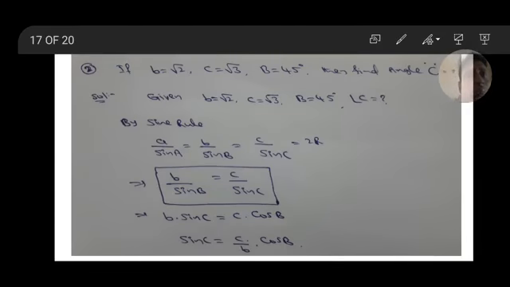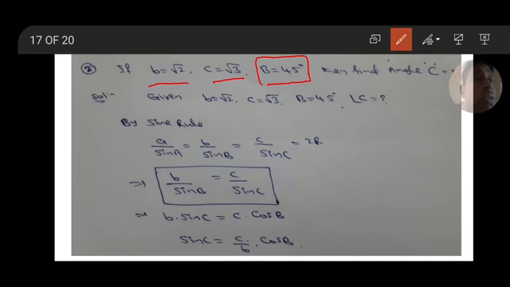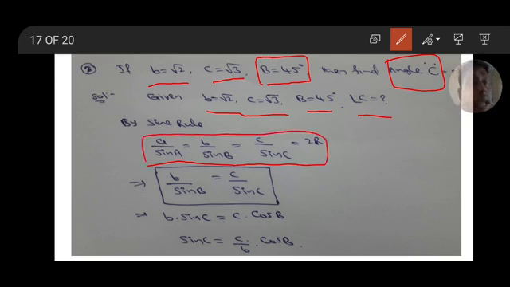If small b equals root 2, small c equals root 3 and capital B equals 45 degrees, then find the angle C. Given what? Small b is given, small c is given, capital B angle is given, and we have to find angle C. By the sine rule, a by sin A equals b by sin B equals c by sin C equals 2R.